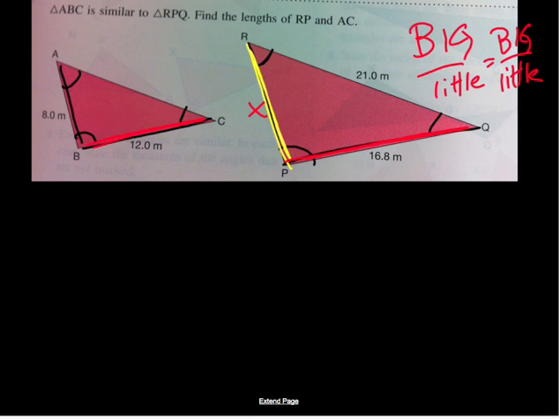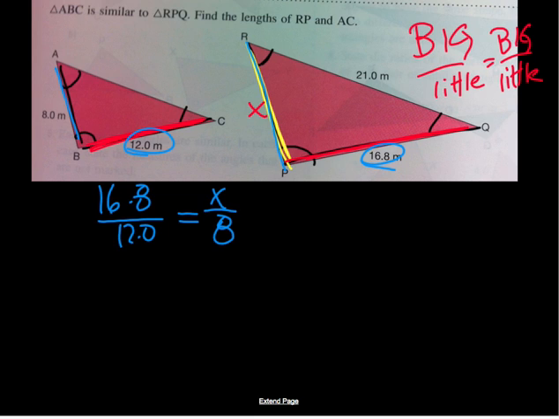And there's two right here. So I'm going to say the big side over the little side of the corresponding triangle is equal to the big, which is this one, X, over this one, 8. All right? Then I'm going to cross multiply and then solve for X.